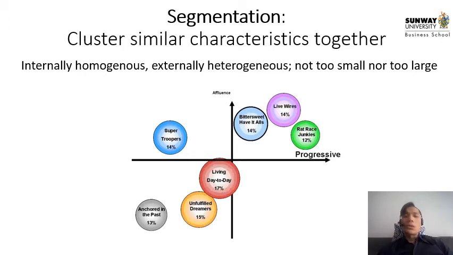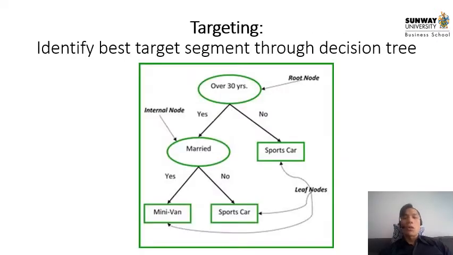When it comes to clustering and segmentation, we also want to make sure that we do not have so many segments that we cannot come up with meaningful marketing strategies. But at the same time, we must also have enough segments to find differentiating factors. And this is where the differentiating factors must be very strong when we do targeting. Targeting helps us to identify the best target segments using a decision tree.